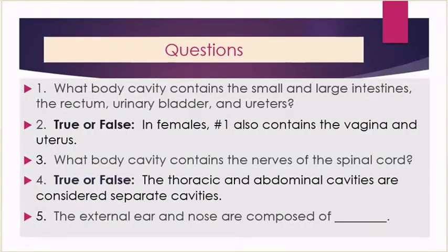Number 1, what body cavity contains the small and large intestines, the rectum, urinary bladder, and ureters? Number 2, true or false, in females, number 1 also contains the vagina and uterus.